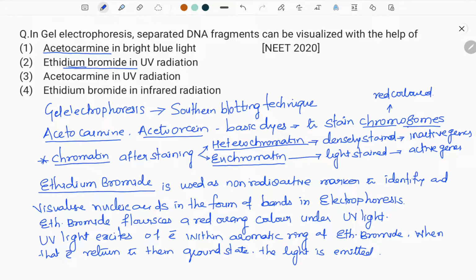So two factors are necessary for making DNA fragments visible. One is Ethidium bromide, another is UV radiation.